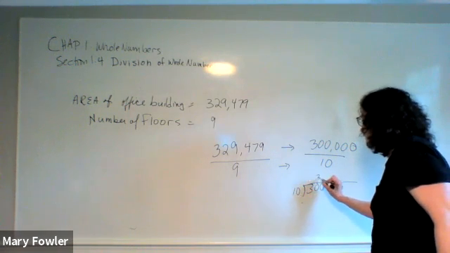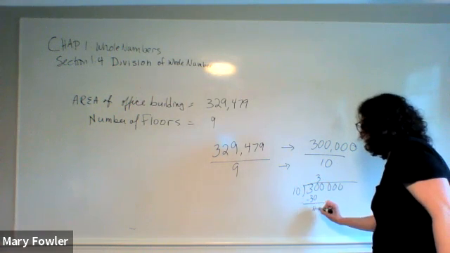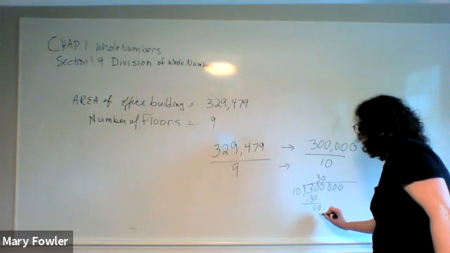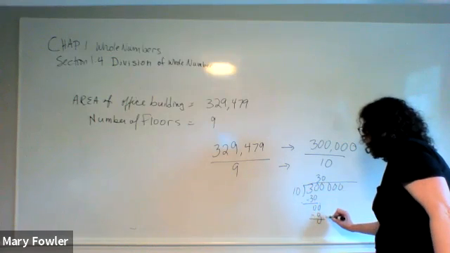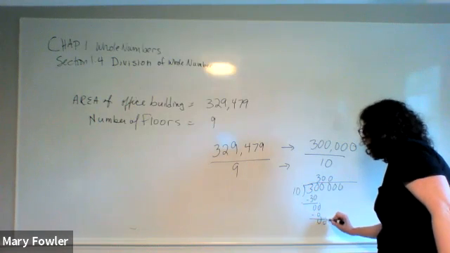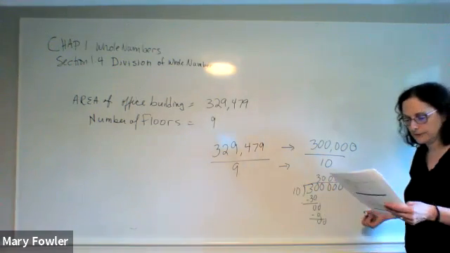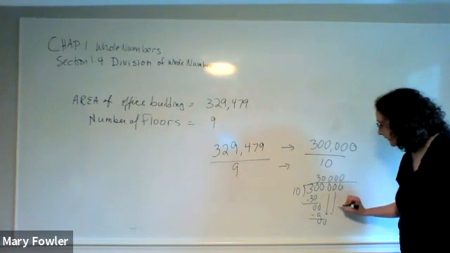Ten goes into 33 times. And we have a 0, and we bring down a 0, and we're going to keep doing this. Each time we bring down a 0, it goes in 0 times. So I'm just going to write them all there because that's exactly what's going to happen.